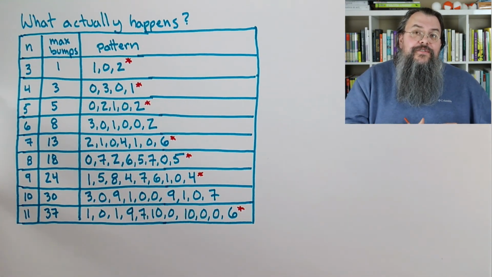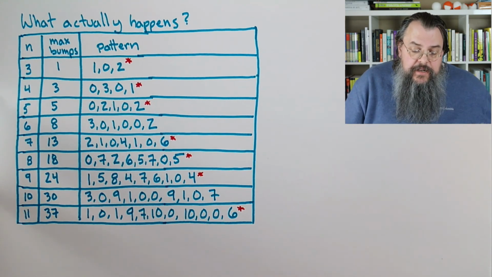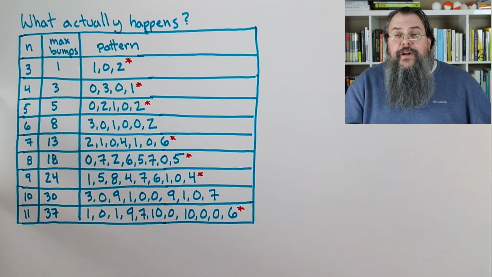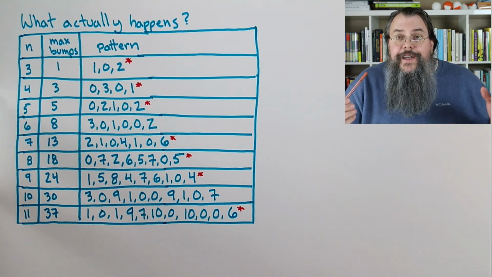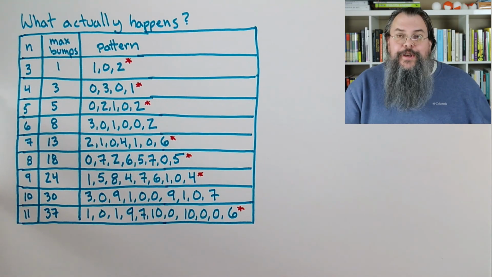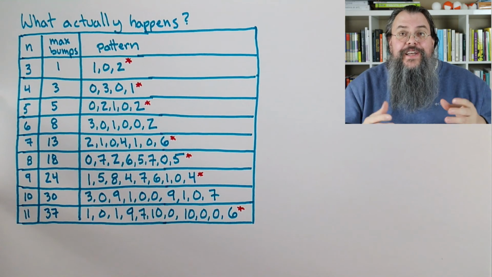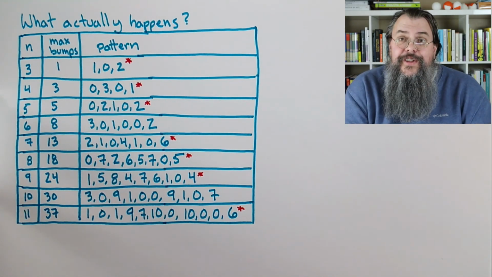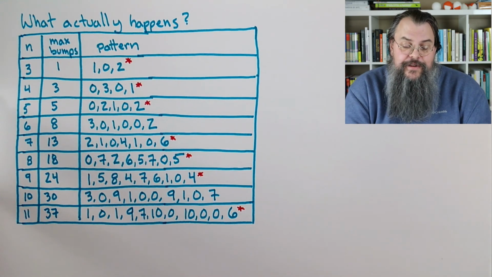So everything else takes fewer. Yet for 10, there's actually multiple patterns that take 30 modifications. Why? I don't know. It's fun to not know things. It makes life more interesting because that lets us keep exploring, keep looking for new things. And I think there's still a lot of good, interesting math to be done here.